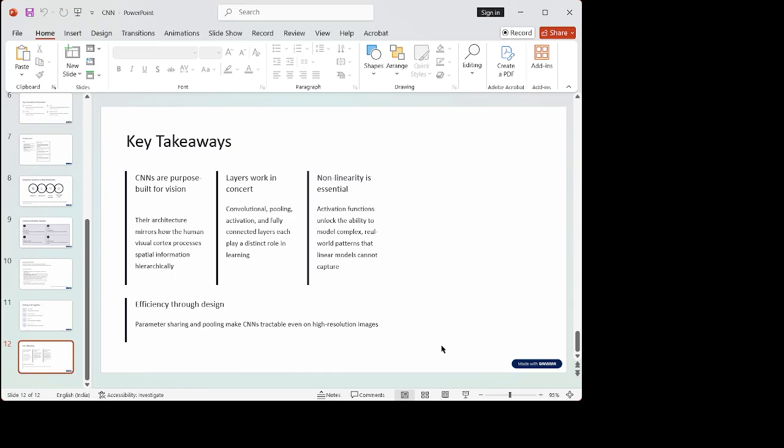Fully connected layers combine features for prediction, and parameter sharing and pooling make convolutional neural networks computationally practical. The main components are four: the convolutional layer, pooling layer, activation function, and finally the fully connected layers.